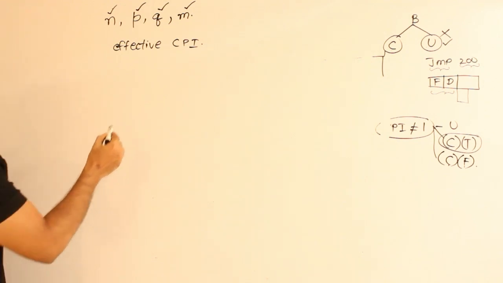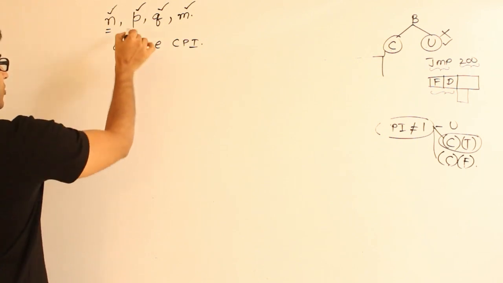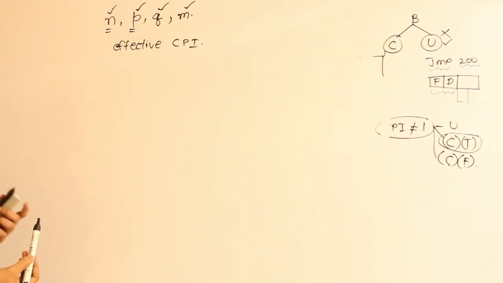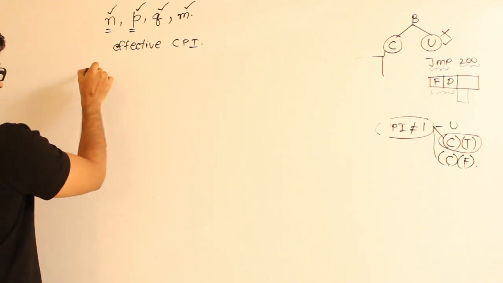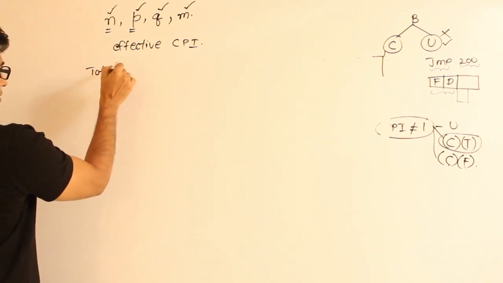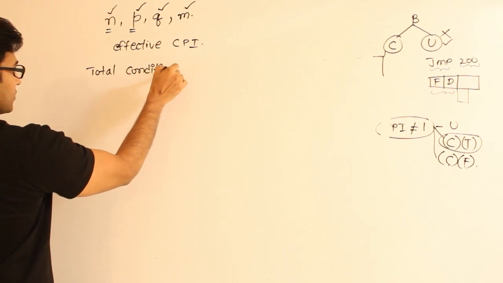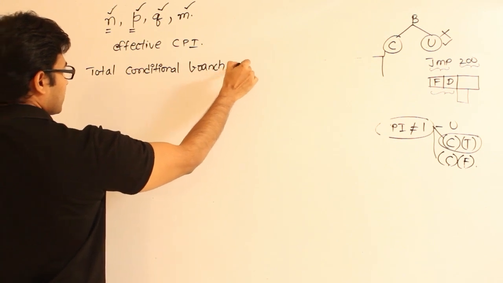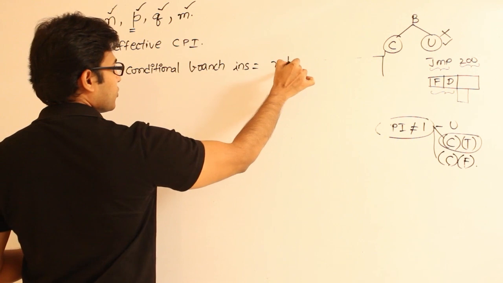Now, if the total number of instructions is n, then the probability that an instruction is going to be a conditional branch instruction is p. Then what is the total number of conditional branch instructions? Total number of conditional branch instructions equals n into p.